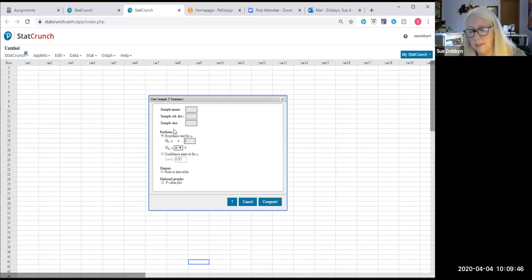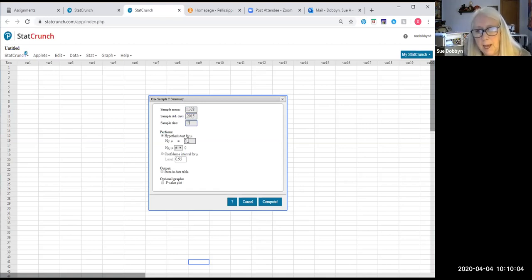And here's my box. It asks me, what is the sample's mean? 1.328. What is the sample standard deviation? 0.2015. What is the sample size? 15.